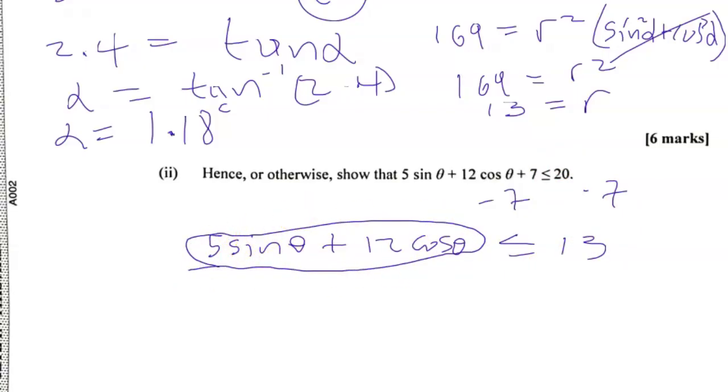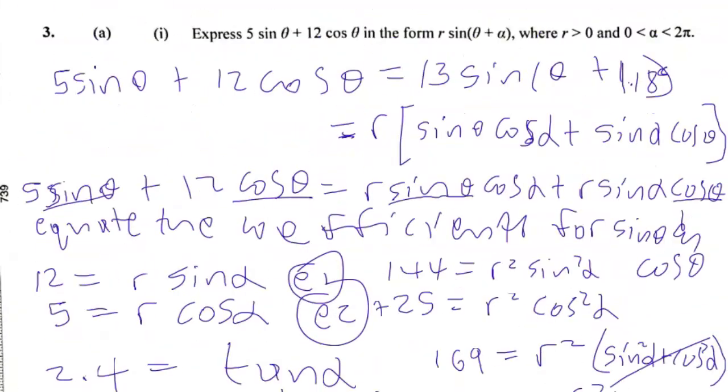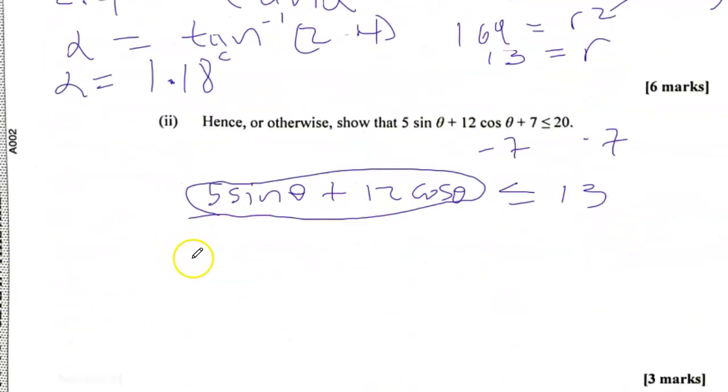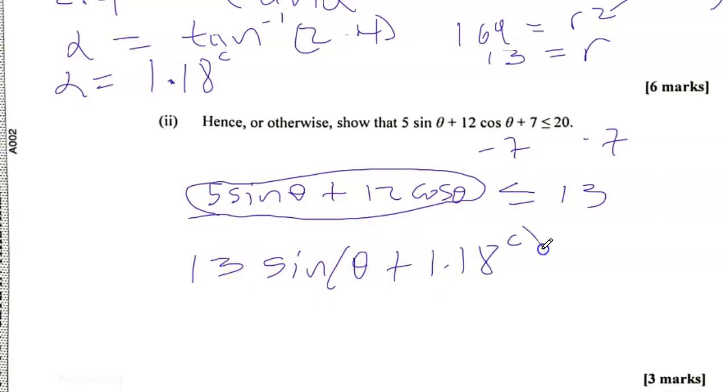We have just shown that 5 sine theta plus 12 cos theta is equal to 13 sine (theta plus 1.18 radians). So we have shown that the left hand side is that, and we want to show it is less than or equal to 13.